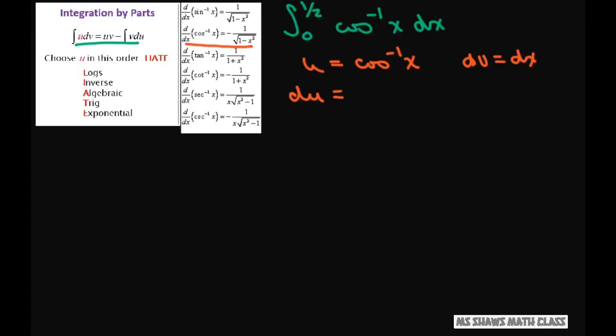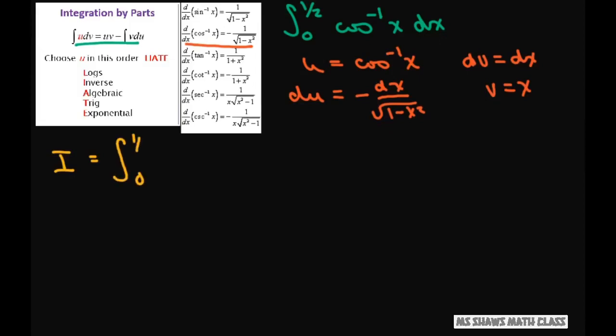That's just going to be negative 1 divided by the square root of 1 minus x squared, and let v equal x.